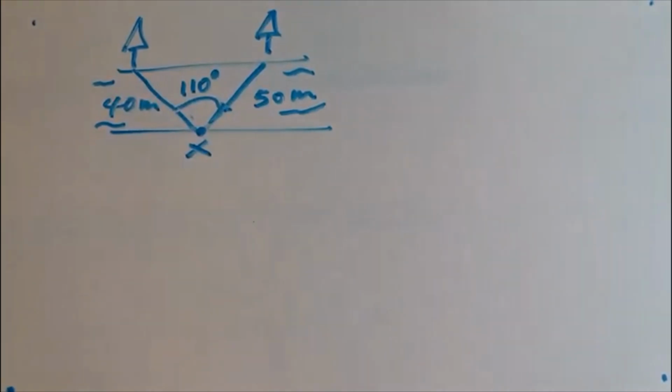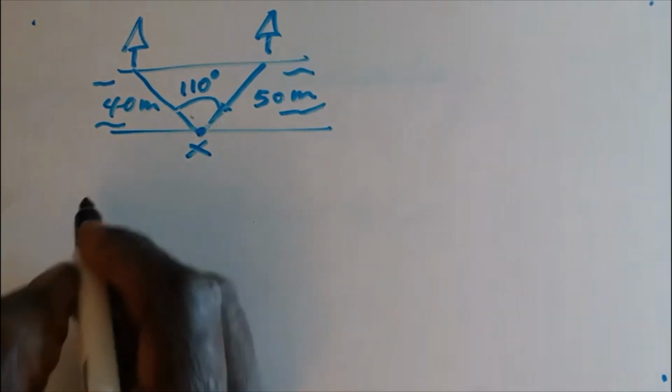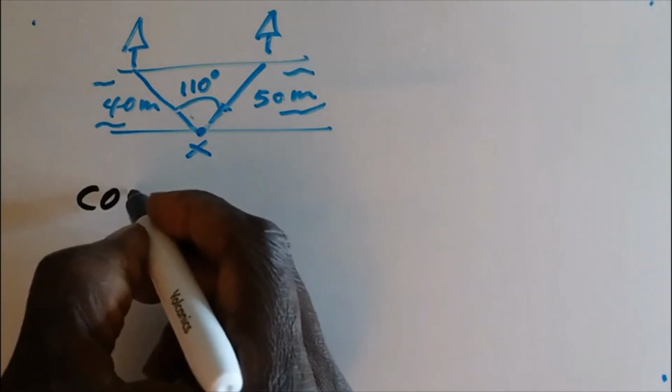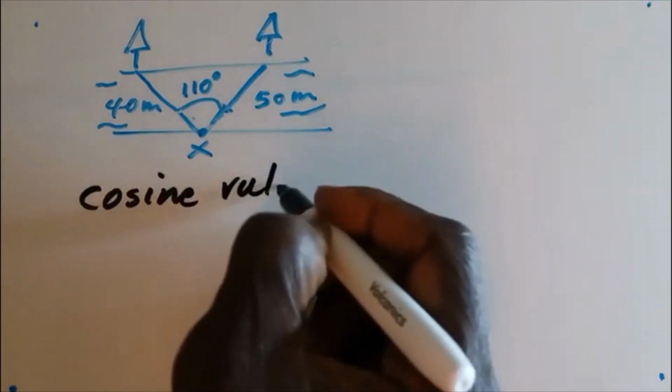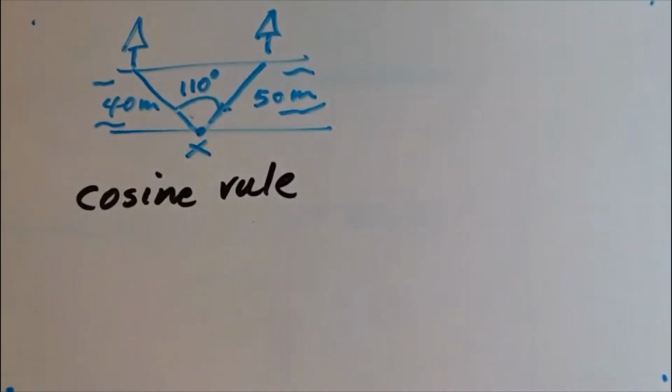What we have at our disposal is something called a cosine rule. And this is basically used for non-right-angled triangles. It's a relationship between the sides and an angle.